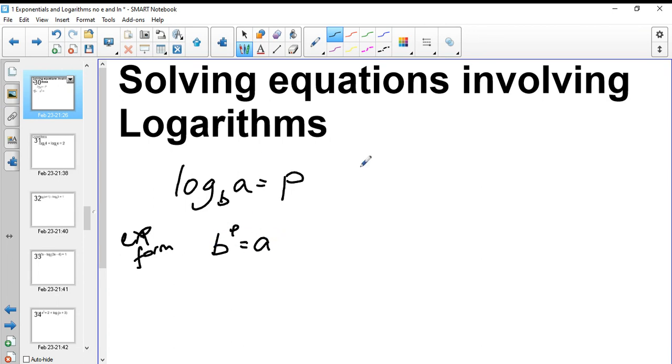So that's one option. The other option is getting to the point where we're using the laws so that we end up with something that looks like that, where we have log to a base of one thing equal log to a base of another thing.